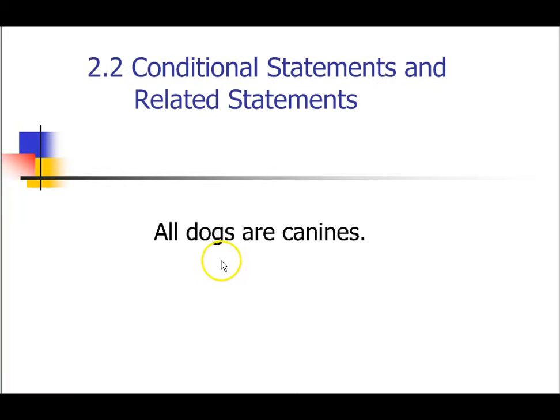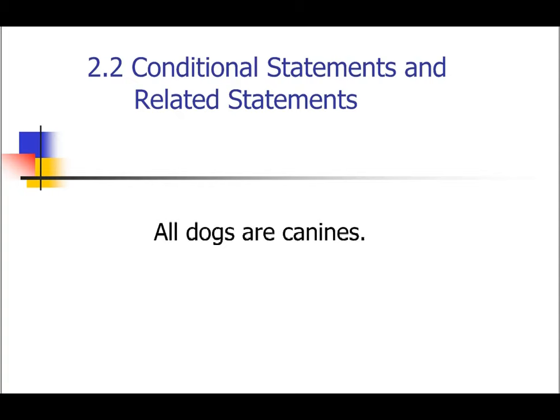Have a look at this statement, all dogs are canines, and let me know, is it a conditional statement or not? I don't see the word if and I don't see the word then, so it can't be a conditional statement, right? Wrong. It can be.